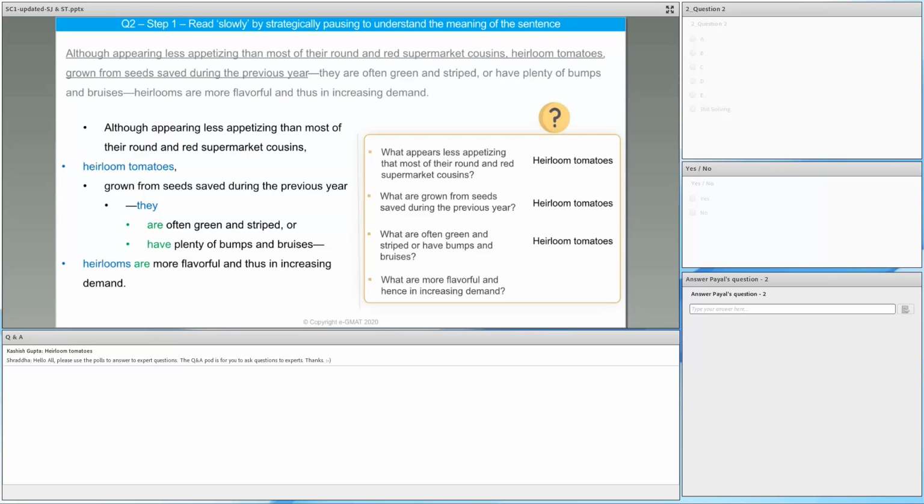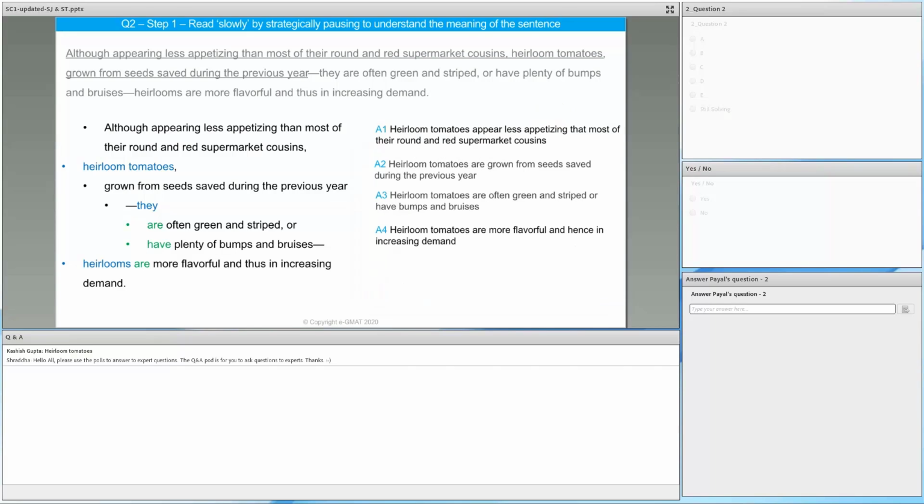What are more flavorful, hence increasing in demand? Let me get a few more answers in here. Okay, good. Heirloom tomatoes. So we've asked ourselves all of these questions about this sentence.